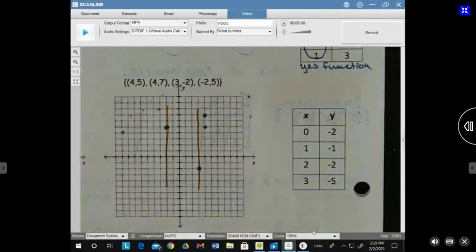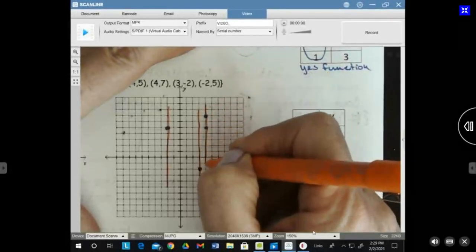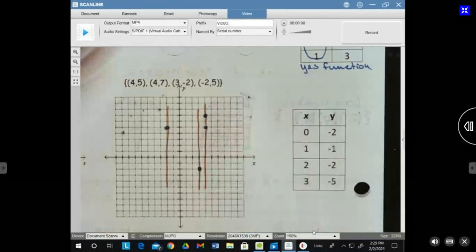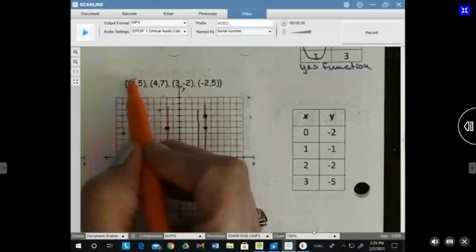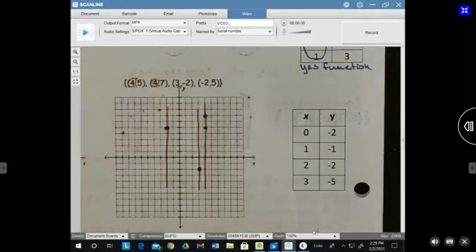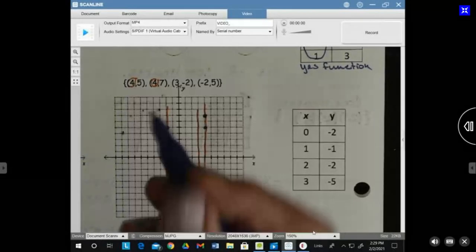Okay, what if I draw one like that, orange and blue, right there? So what happened there? Why did I get 2 points on that graph? Because they have the same X. And when they have the same X, what happens?